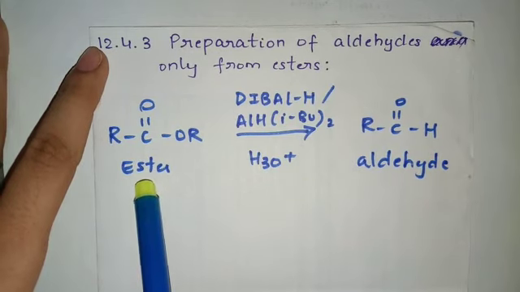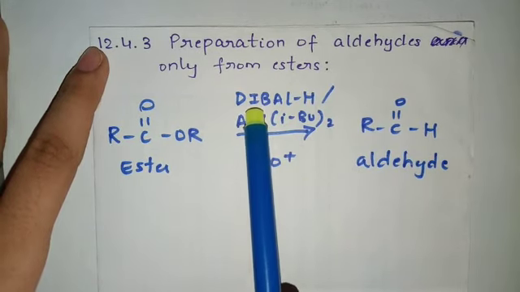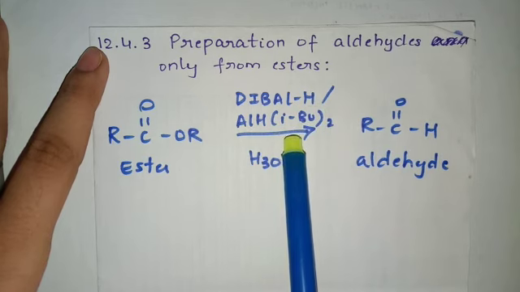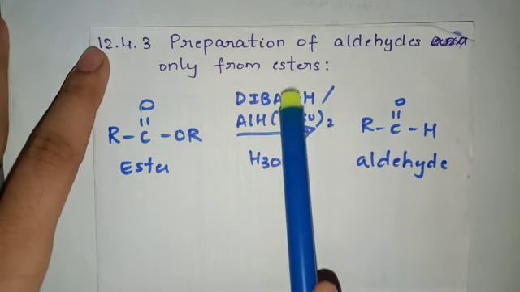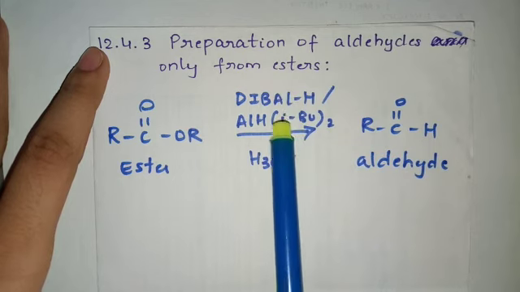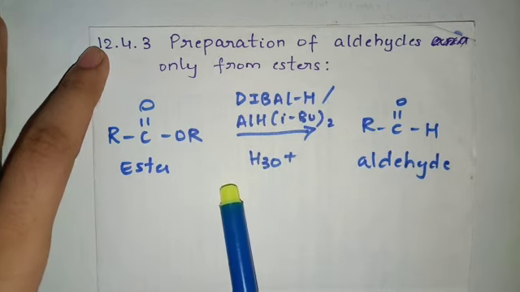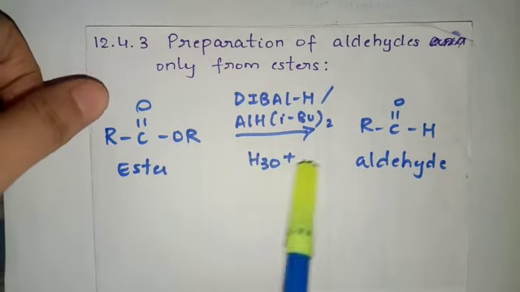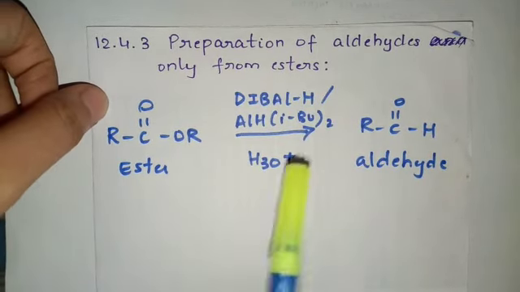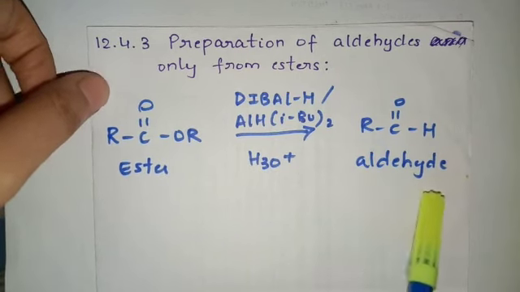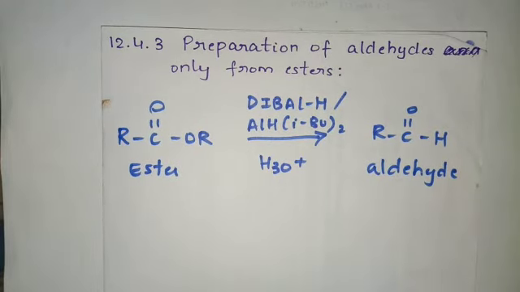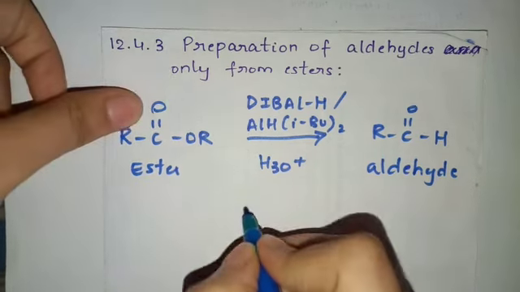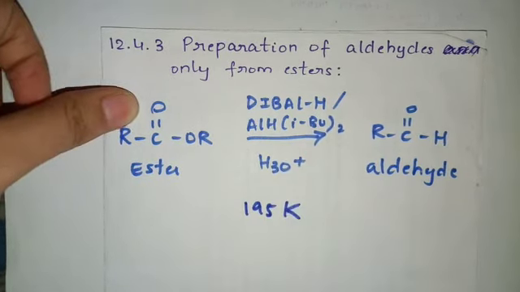The ester is reduced using DIBAL-H, which is also written as AlH(iBu)2. We have already discussed these compounds. This reaction undergoes acid hydrolysis so that you can obtain aldehyde. There is no need to mention it, but this occurs at 195 Kelvin.